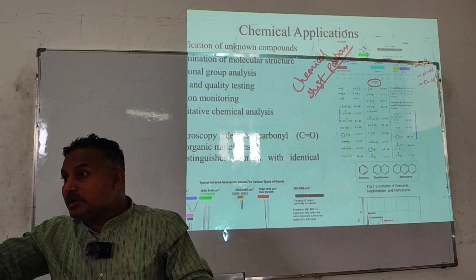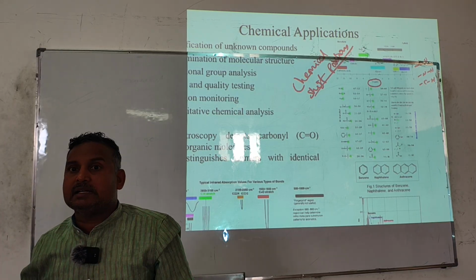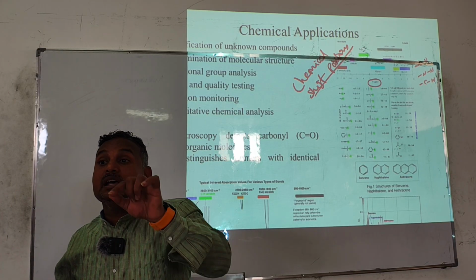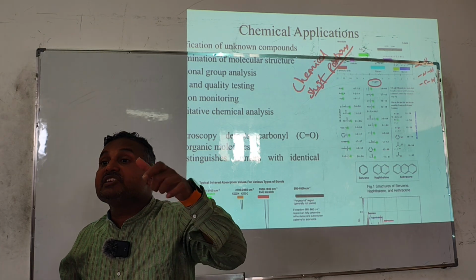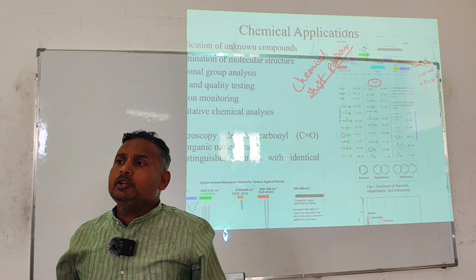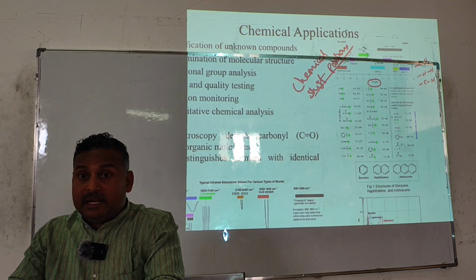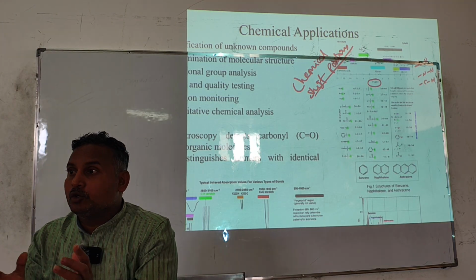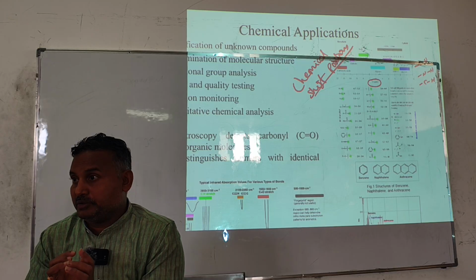Then mass will give you fragmentation patterns which will confirm whether the established structure is right or wrong. So you are gathering information from different spectra to build the structure of an unknown compound.